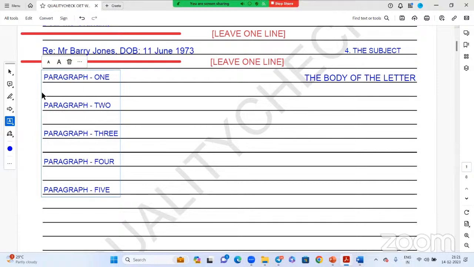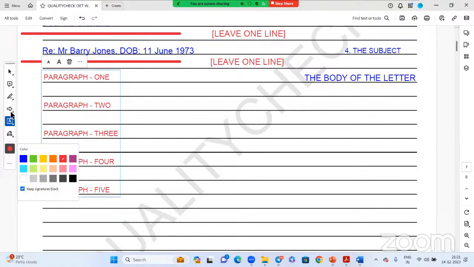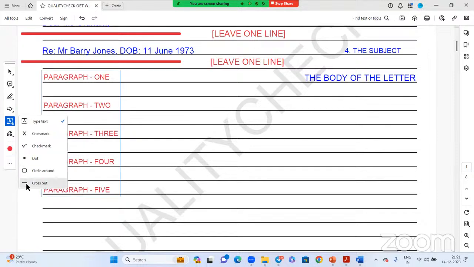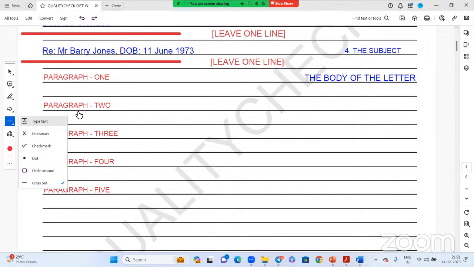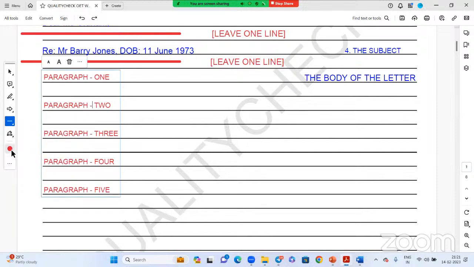And after every paragraph, you leave one line. Remember that.